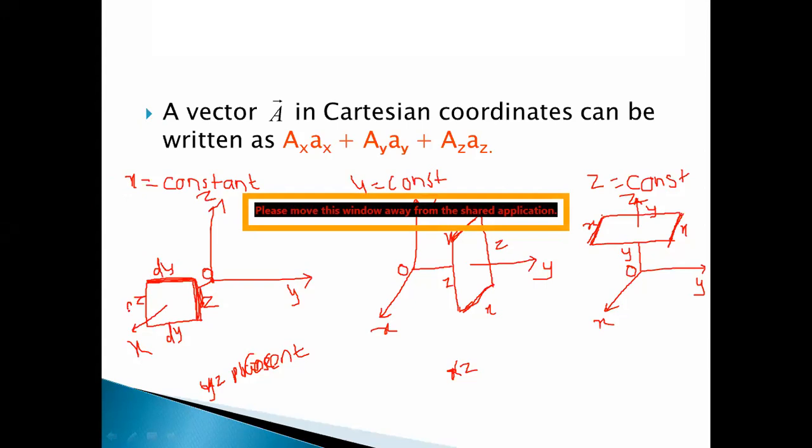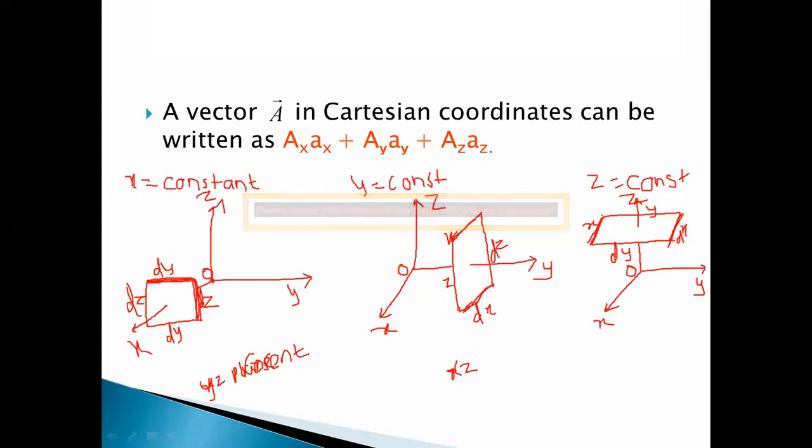Then if it is x and z, then it will be dx, dz. And similarly here dx and dy. This is when you are considering the differential lengths.